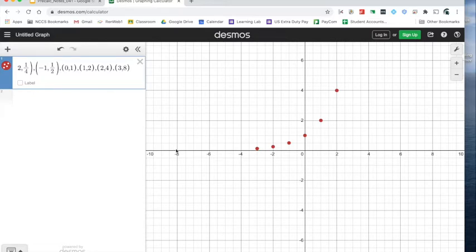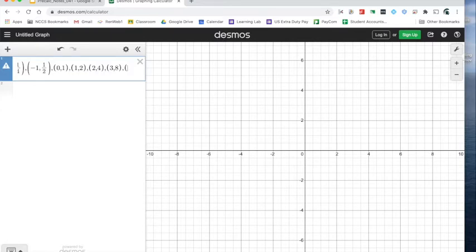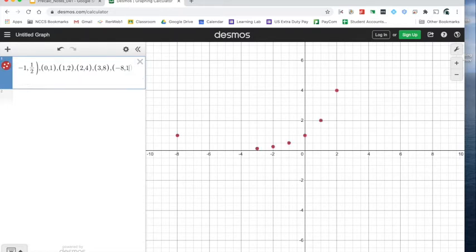If we plugged in another one, like maybe -8, that would give us another point to confirm the suspicion that this is acting like it's got a horizontal asymptote at 0. So let's see, 2 to the -8. 2 to the 8th is 256. So 1 over 256 would be our point. So it looks like that confirms that theory.